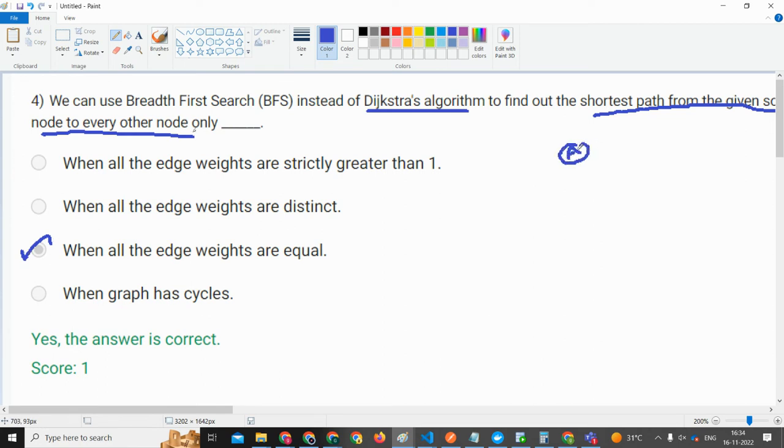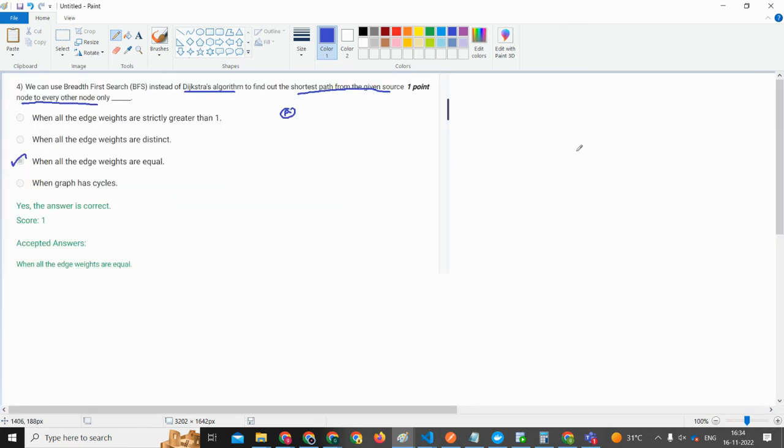Okay. Fine. So let me just show you an example. Hope you saw the question there. I have A, then D, then E. The question is to find the shortest path from the given source.